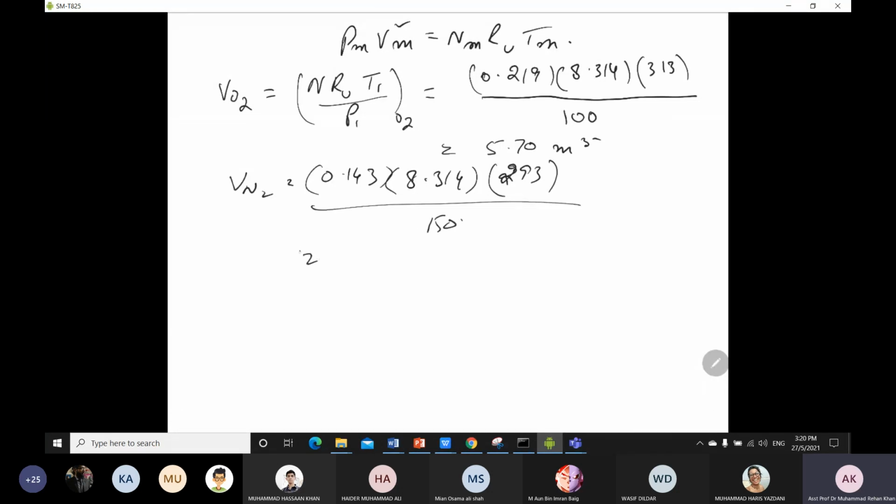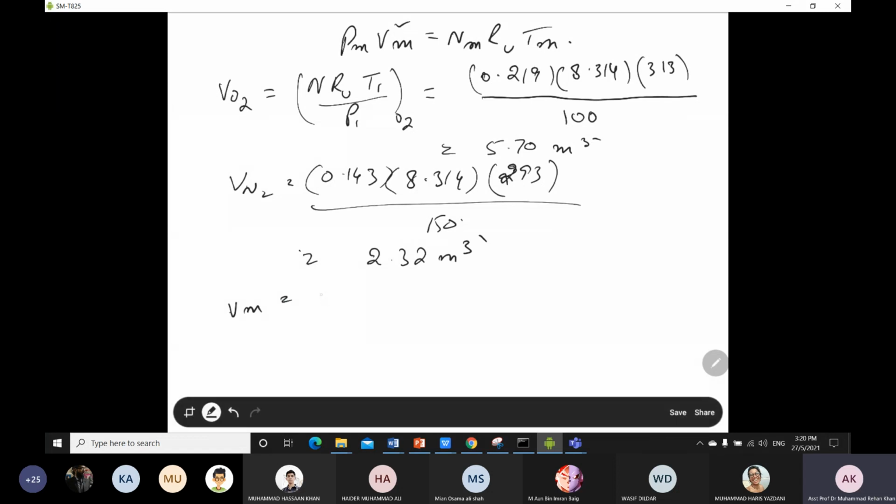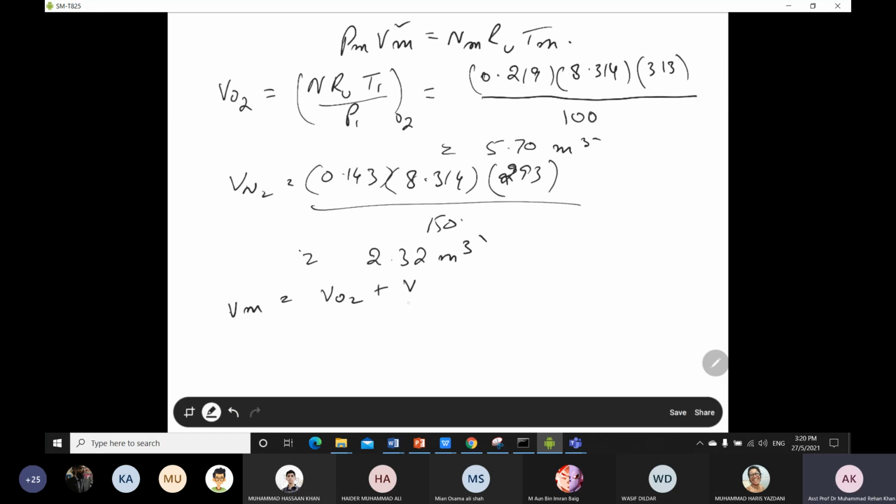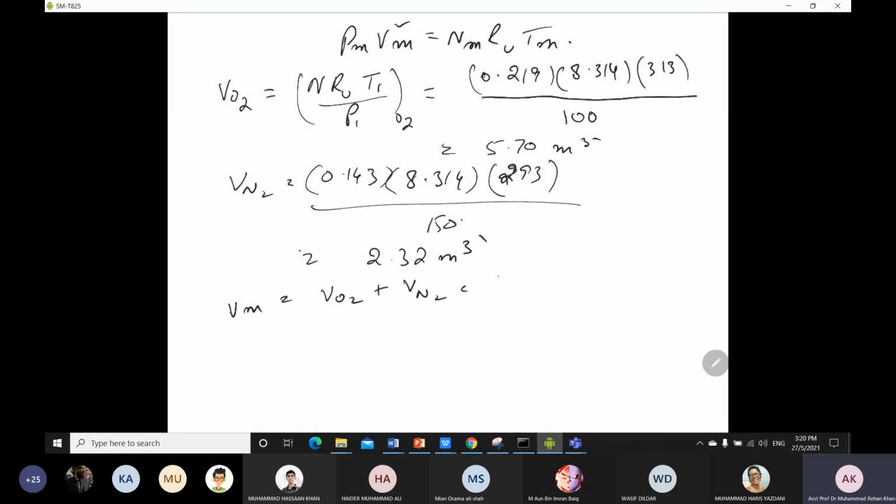If you solve it, you will get the value 2.32 meter cube. Here we can easily find the volume of the mixture, which is equal to volume of O2 plus volume of N2, which is 5.7 plus 2.32, and it turns out to be 8.02 meter cube.